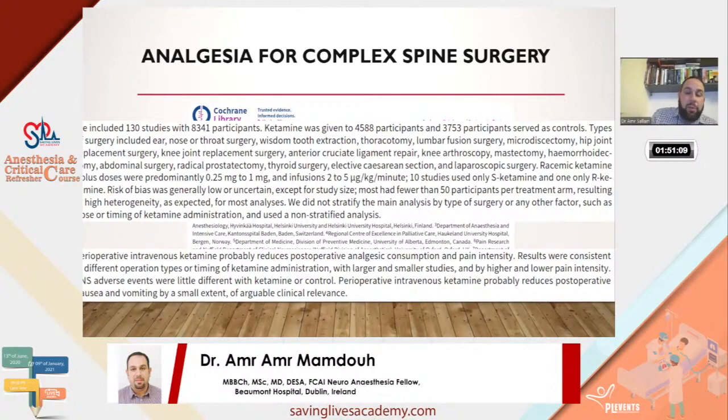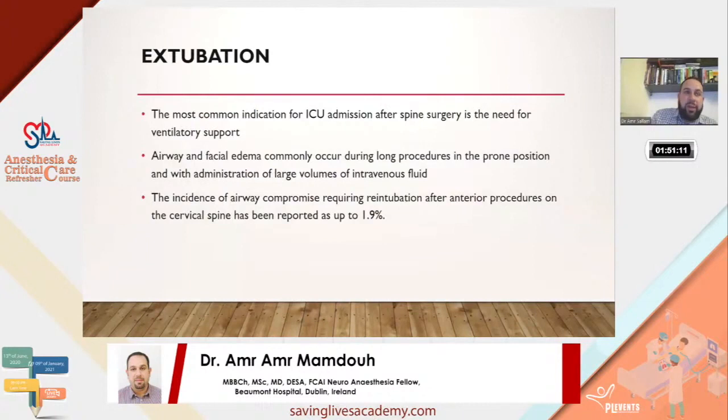The last point I'd like to discuss is the extubation. The most common cause of ICU admission for spine surgery is failure of extubation and requirement of ventilatory support. Airway facial edema is very common during long procedures in the prone position, so that will be very difficult. The incidence of airway compromise requiring re-intubation after anterior procedures might go up to 2%.